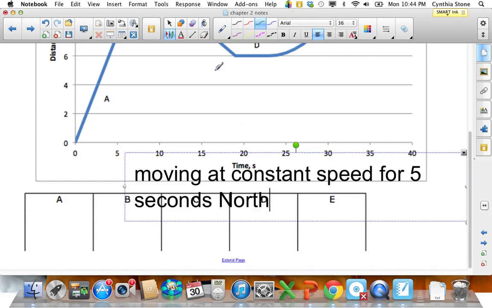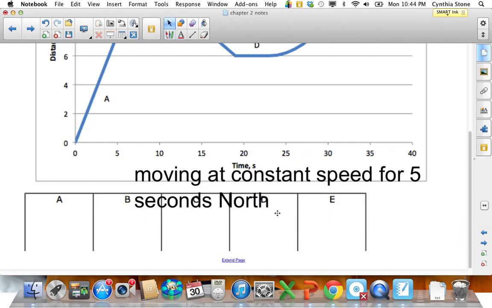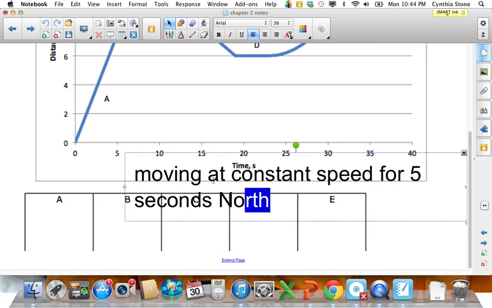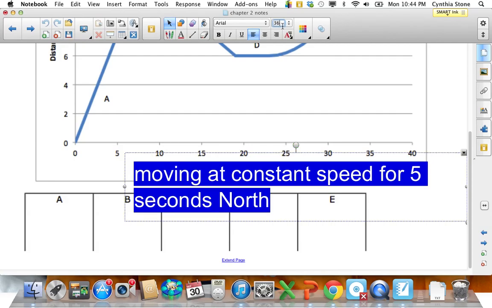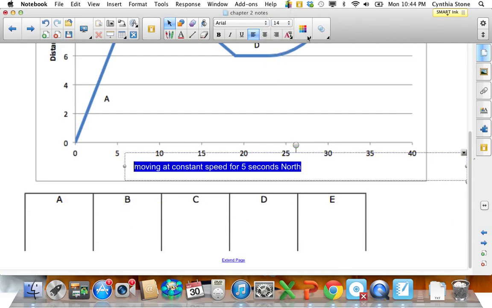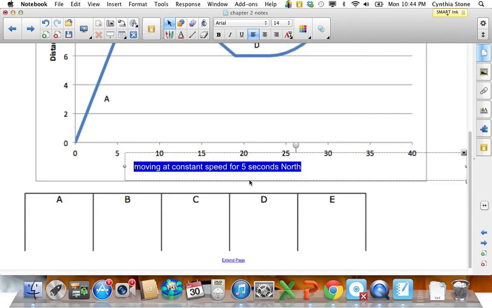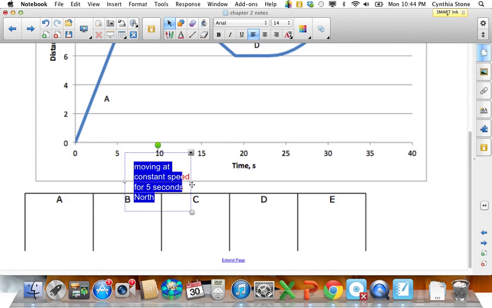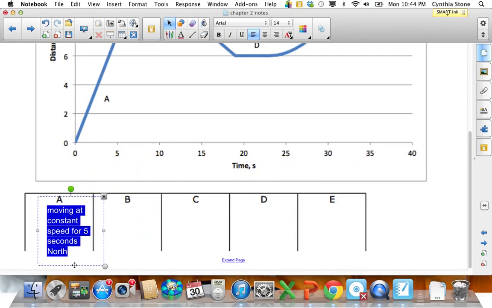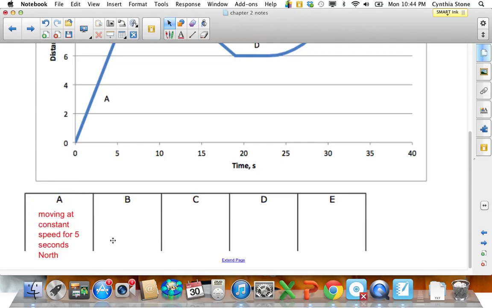That's what I would say is happening for the first bit. That's section A: moving at a constant speed for 5 seconds in the north direction.